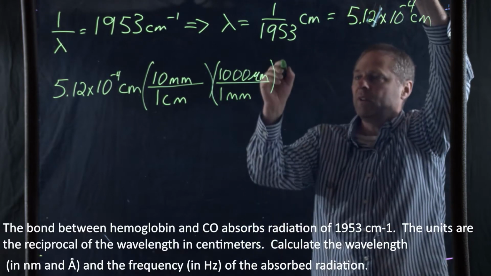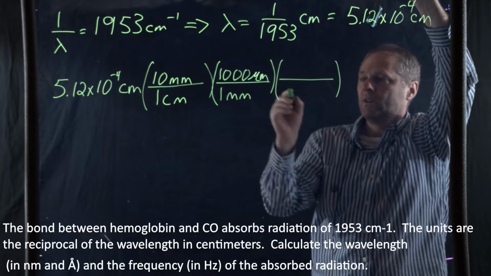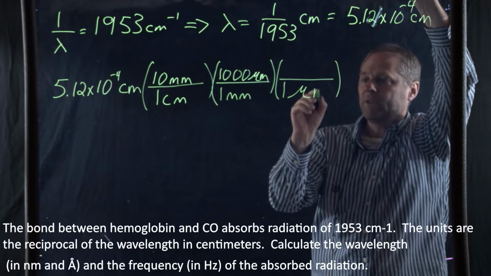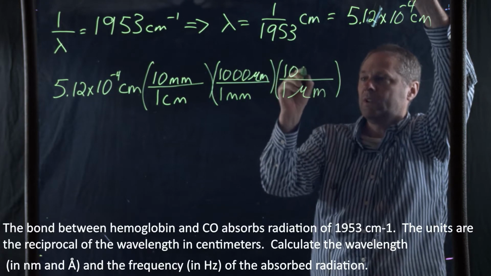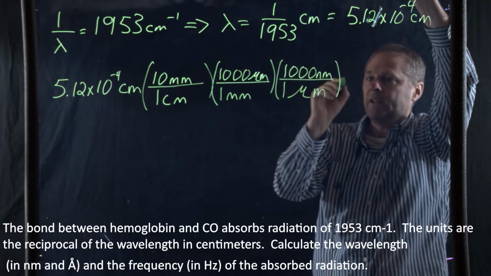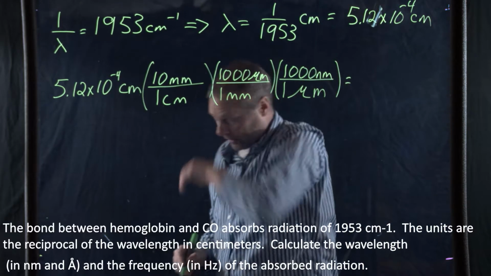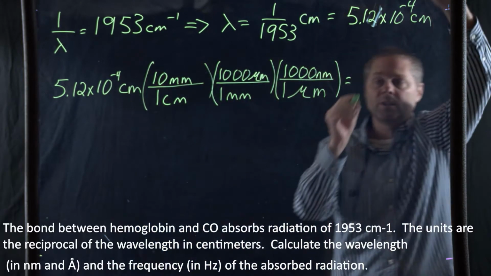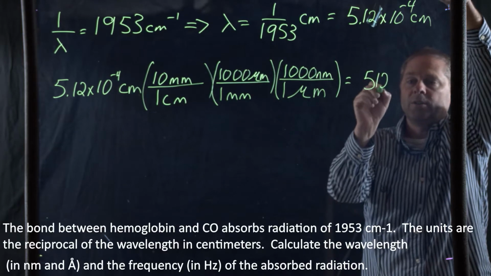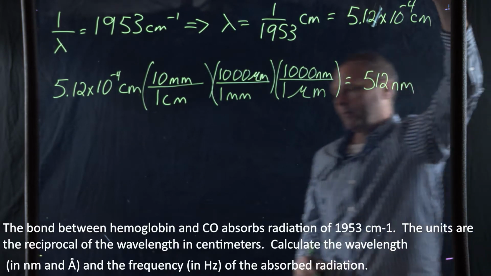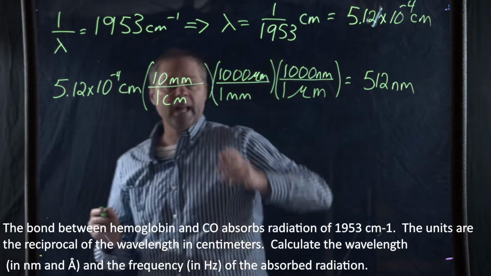For every 1 micrometer, there are 1,000 nanometers. So we can do that calculation, and this comes out to 512 nanometers.